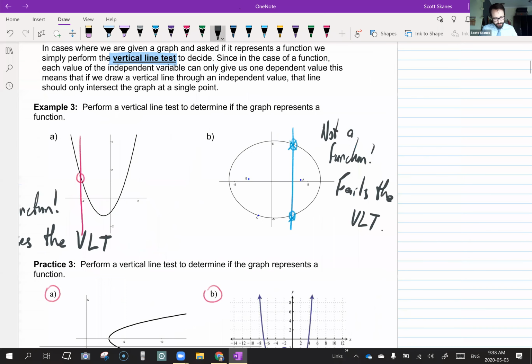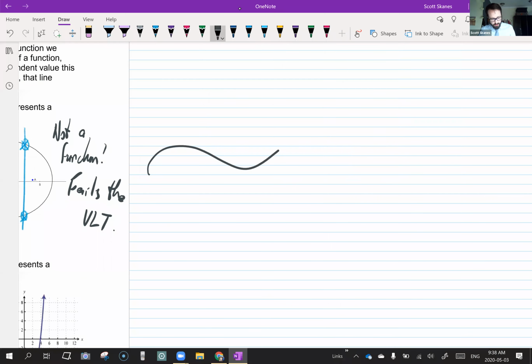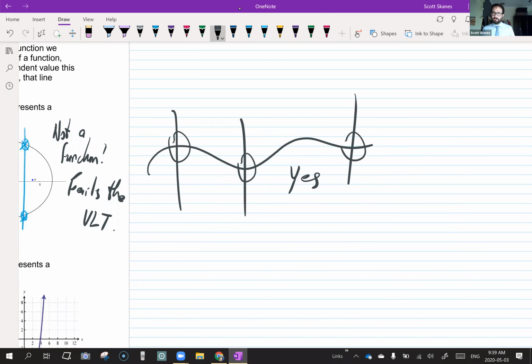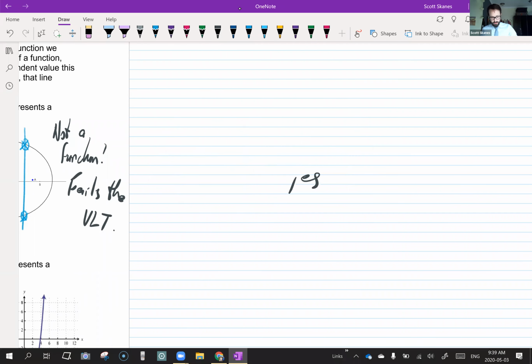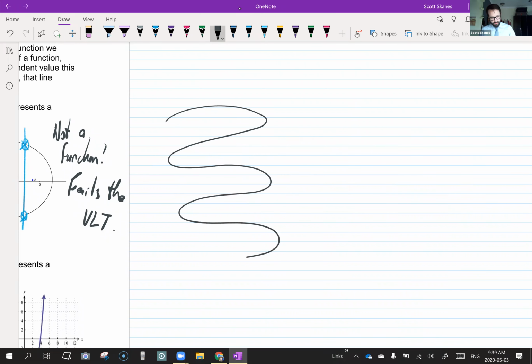Let me draw you a couple functions here. Is this a function? Yes, because no matter where I draw a line, it's only hitting once. Okay, it's a function. Is this a function? Well, no. What if it was like this? Well, that would only cross once, so it would be a function there, but it needs to pass it no matter where you put it.